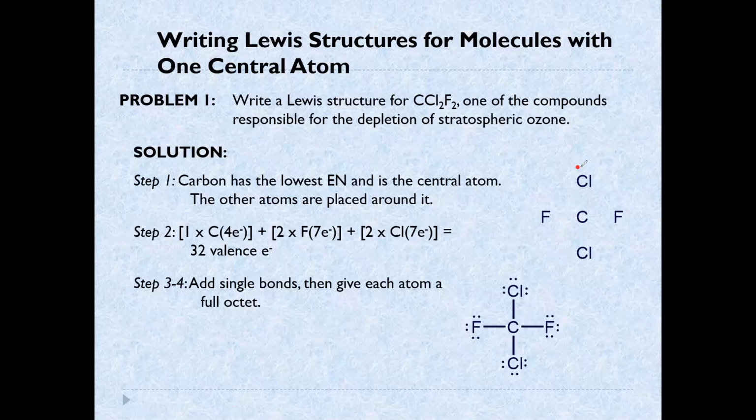So chlorine will be 1, 2, 3, and give them in pairs: 4, 5, 6, 7, 8. Let me erase this. So that is 7, 8.